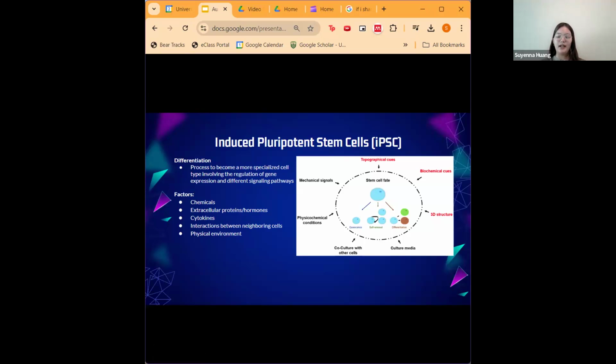However, from a more practical standpoint, it's just a matter of making sure you create the right cocktail of different growth factors, cytokines, or any proteins or hormones added or supplemented to the media, and making sure that you make them at the right time and then change the media of the cells also at the right time, so that you're not pushing the cells too quick or making them go too slow down the differentiation pathway.